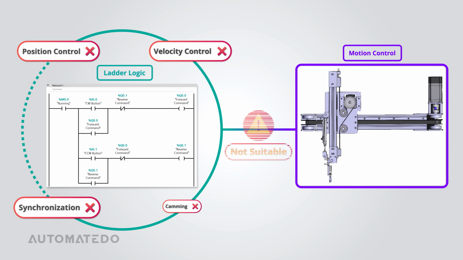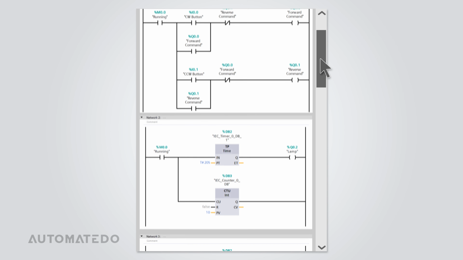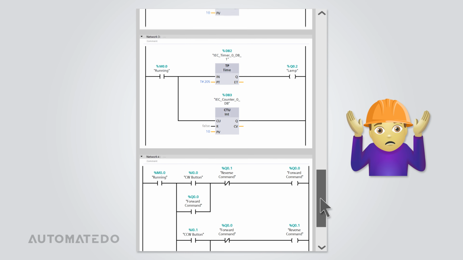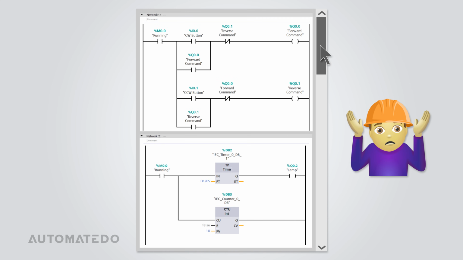On the other hand, in the ladder diagram, the absence of specific instructions can introduce complexities, potentially making programming operations such as motion control procedures challenging. When dealing with extensive ladder programs, the process of navigating through and following them can become increasingly complex and challenging.